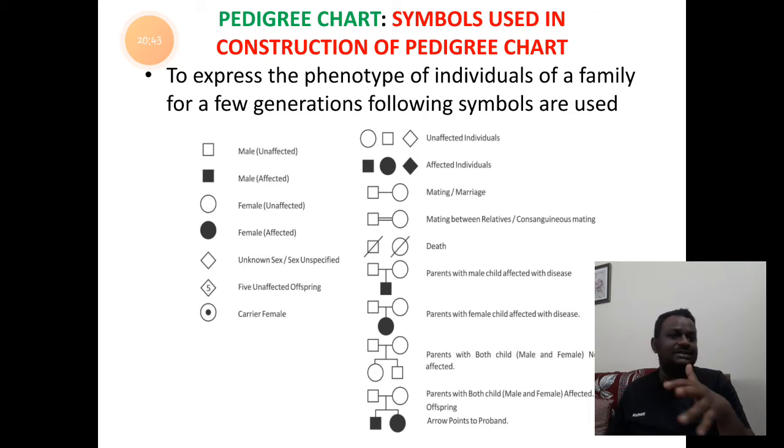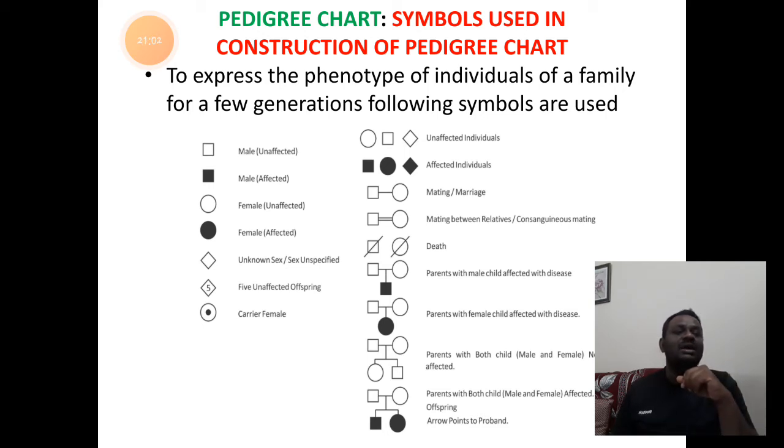So this is how the symbols are used in a pedigree chart. Students, remember, these are the major symbols with the help of which we will be constructing the pedigree chart for a given family history.